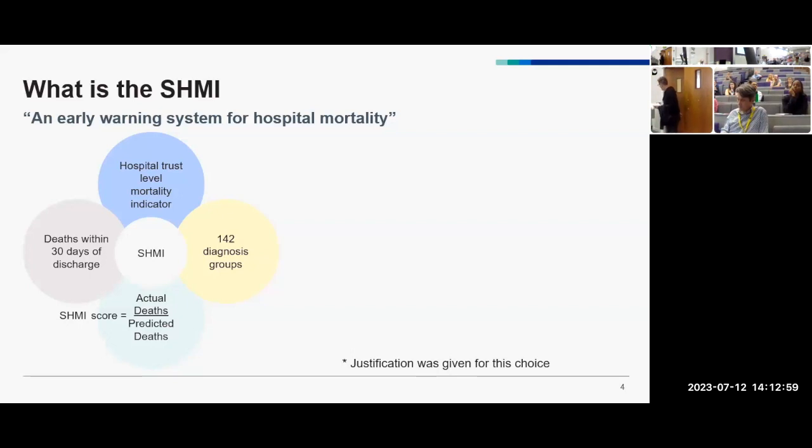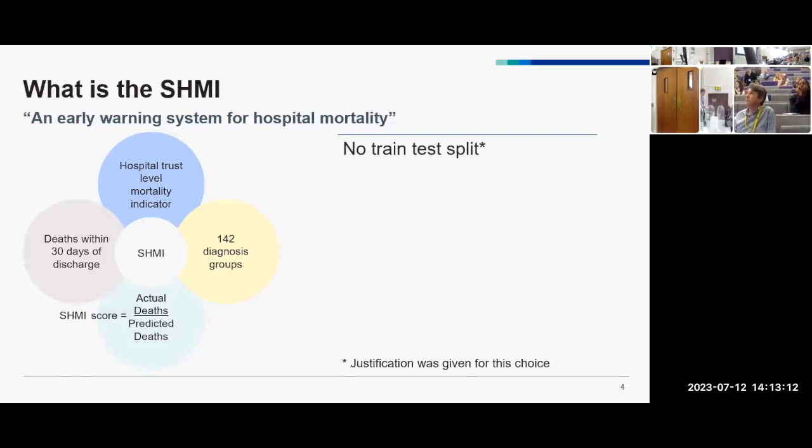Now, the SHMI has been criticized by some parties. I would criticize it too, to be honest. For example, the SHMI models themselves don't use a train-test split. A justification was given for this, but to me it feels like complete overfitting.